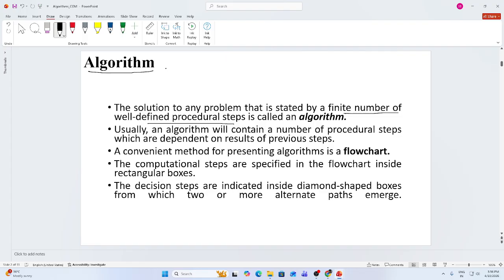Basically, these algorithms are represented with a flow chart. In this flow chart, the computation is represented with rectangular boxes.